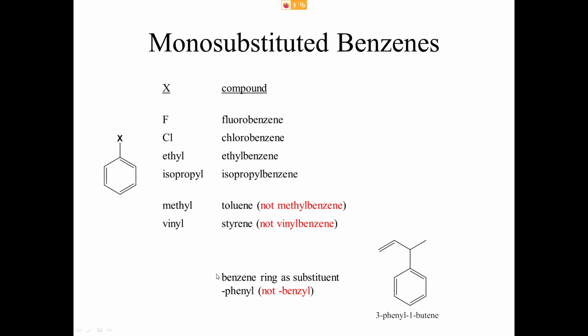But sometimes the benzene itself is not the main chain. So if the main chain is something like this, which has a double bond in it here, this has priority over a benzene ring. I know the ring has double bonds in it, but this has priority. We name the ring as a big substituent. So turn to your priority list, and at the bottom you should have written hydrogen.